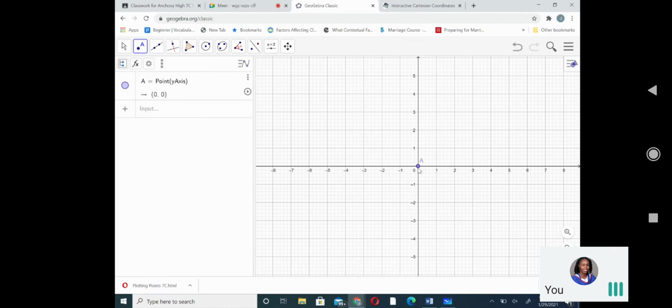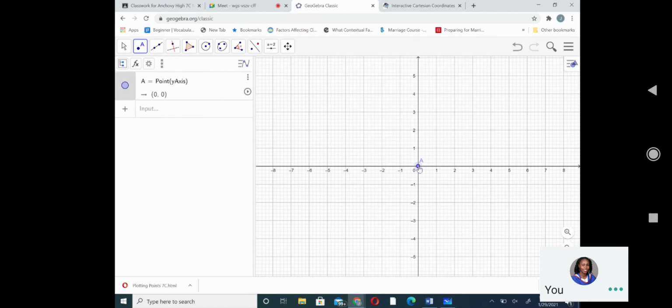All right, so our first point is 3, -4. So we know the positive 3 represents what? X-axis, and what direction is it gonna be? Right. So we'll go 3 to the right from the origin.